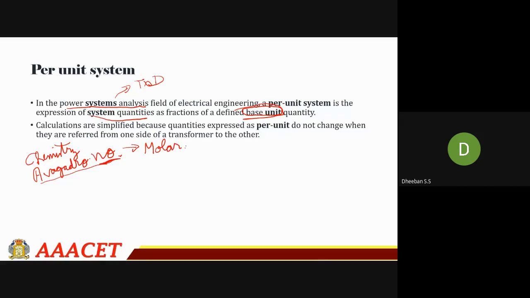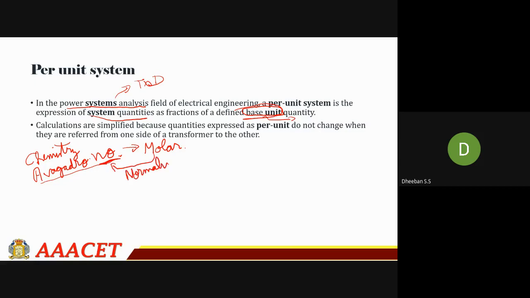You might have studied this generally in your higher secondary itself. Similar to this, in power system you'll have a particular quantity for normalizing. This molar quantity will be normalized based upon this Avogadro number.